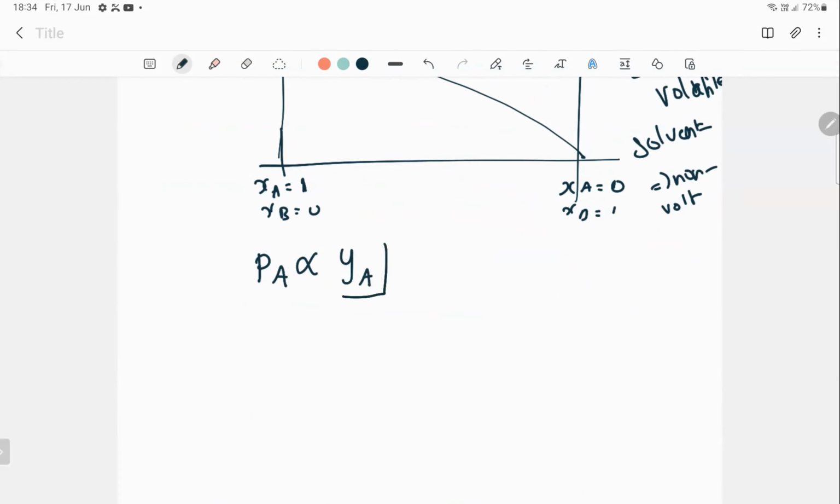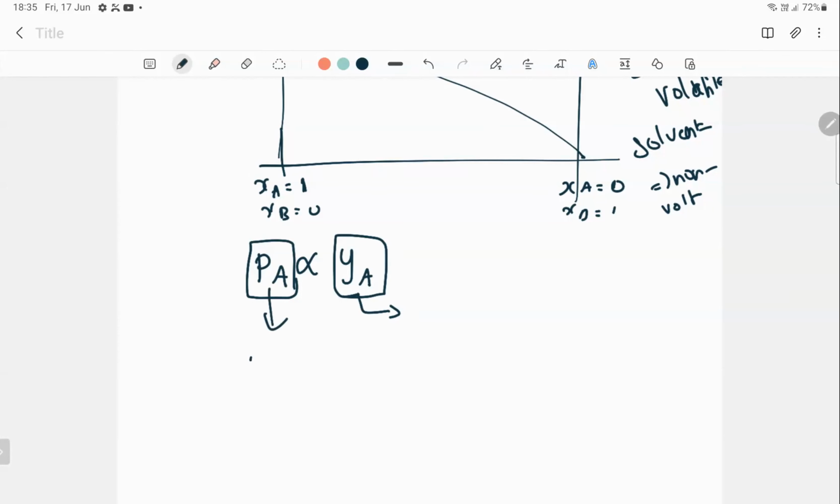So what is this YA? What is this PA? PA is similar to the last one, that is present in the solution. So this is nothing but the mole fraction of your solute that is present as a vapor. Clear?